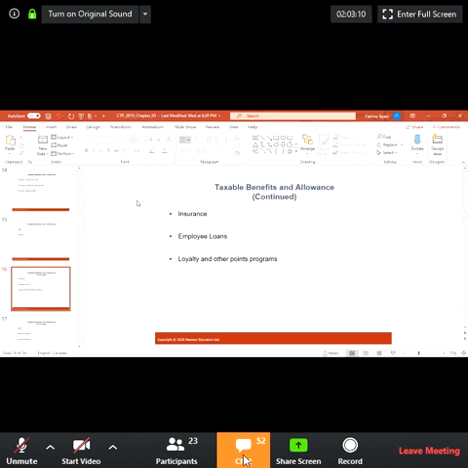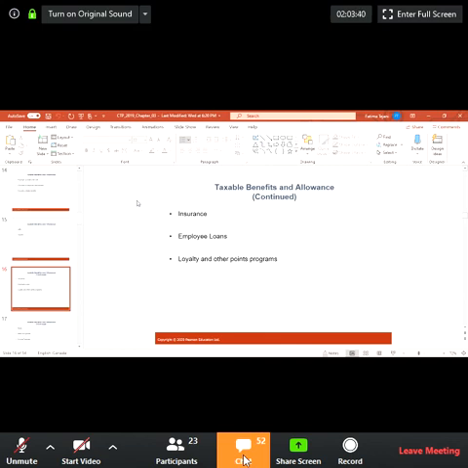So we have employee loans. If an employer provides an interest-free loan or a low-interest loan, the benefit is the amount of interest that the person would have paid on the loan for the year at the prescribed rate. Suppose a person has got a loan at, I'm just giving an arbitrary rate, 4%.